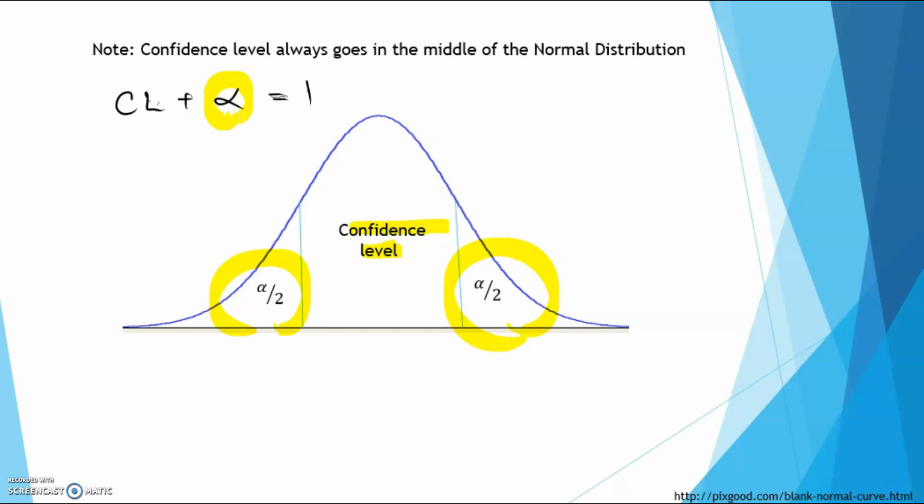So alpha over 2, alpha over 2. Now when I add those back, half of alpha plus half of alpha gives me alpha. Okay? So you're always going to have this setup right here. The confidence level will go in the middle, and then alpha over 2 on either side.